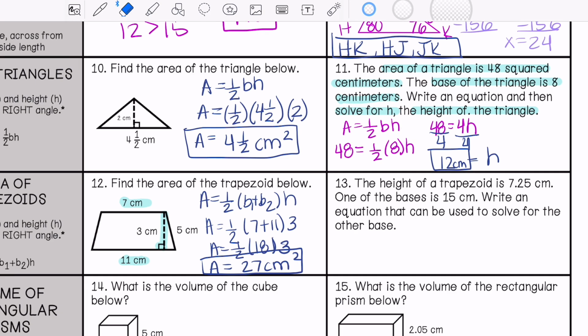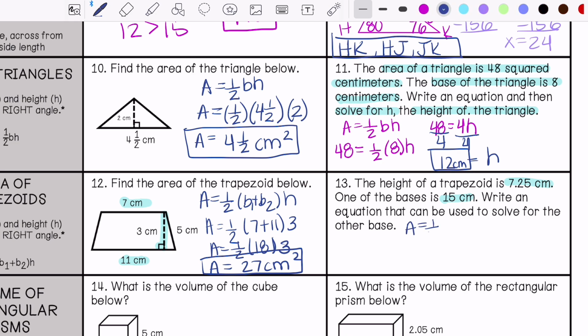The height of a trapezoid is 7.25 centimeters. One of the bases is 15 centimeters. Write an equation that can be used to solve for the other base. So we do not need to solve this. We just need to write an equation.